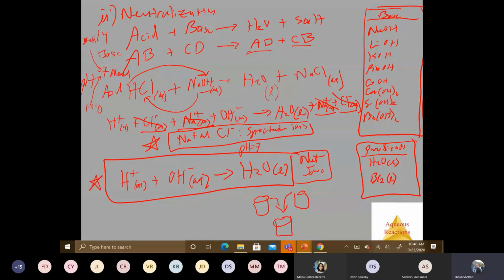All right. So the last one is dealing with gas forming reactions. A good example here would be hydrogen carbonic acid reacting with sodium hydroxide.